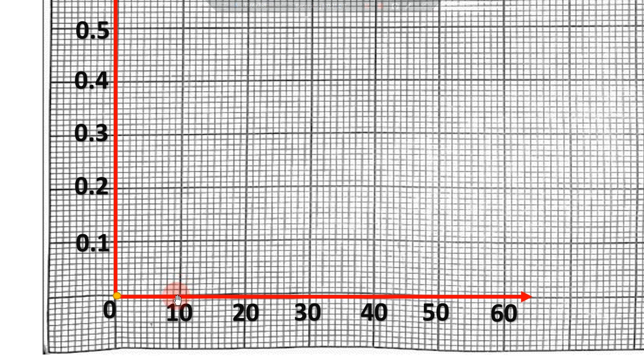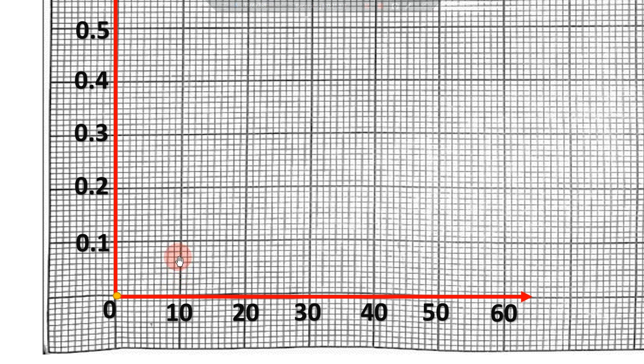So when I make a step from 0 here to here, that is 0.1. The next is 0.02, 0.03, 0.04. That is how we are going to be moving. The point that we want to plot is 10, 0.07. It means it is below 0.1, so I'll count 7 lines: 1, 2, 3, 4, 5, 6, 7.